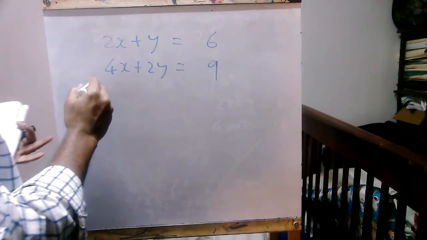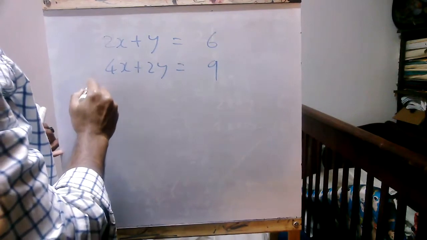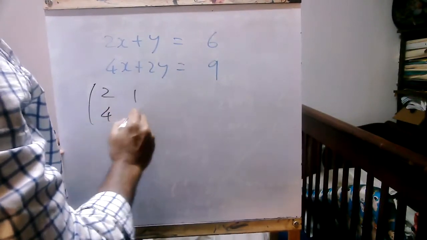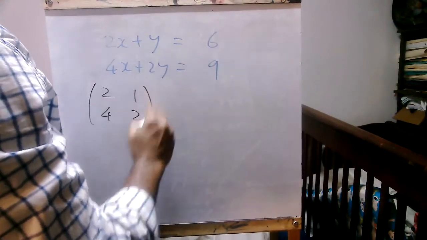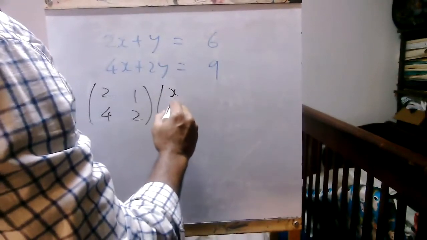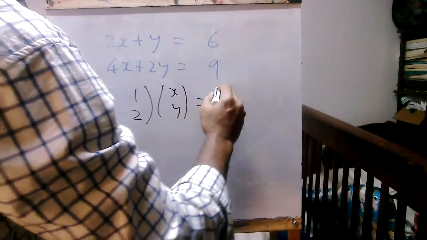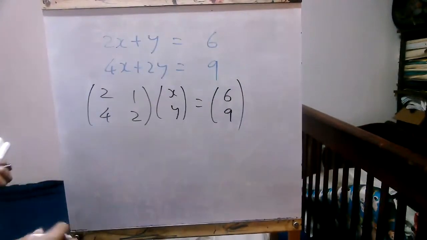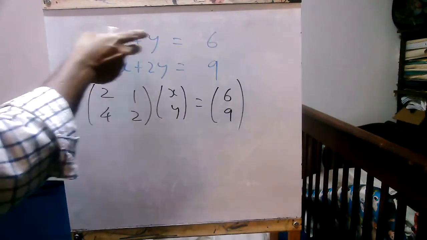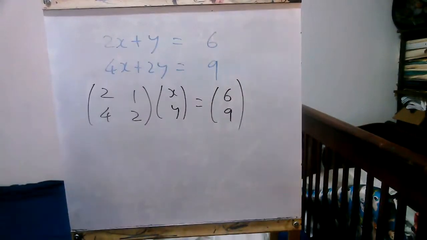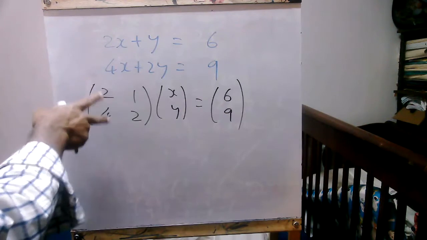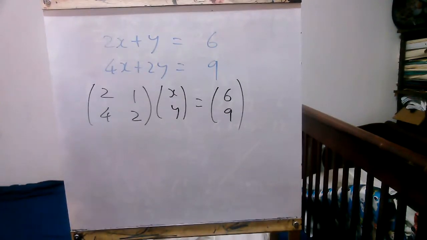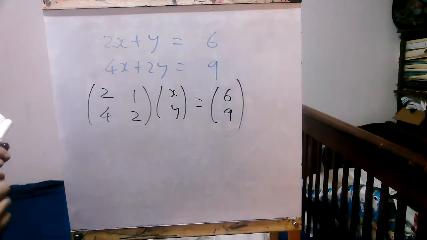Now if you do the matrix form, we get 2 1 4 2, xy equal to 6 9. It's good to practice how to convert a system of equations into matrix form. Practice this, then it will not be too hard, right?